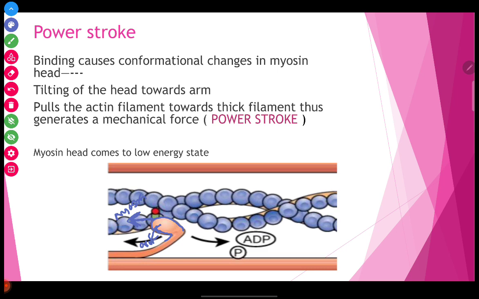So it brings about work because there is displacement, and this is known as work stroke or power stroke. And after this tilt, the myosin head comes into a low energy state. Initially it was in a high energy state or cocked state, and once this tilt happens, the myosin head becomes a low energy state. So these are the things which happen in the power stroke.